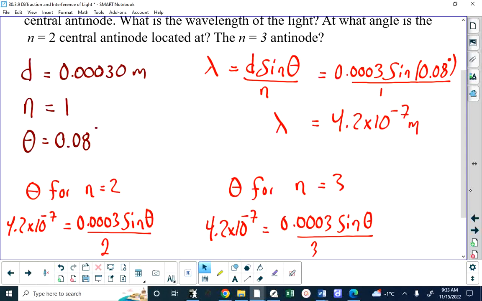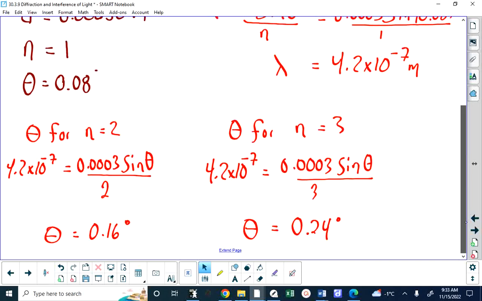You're going to multiply it by the 2. You're going to divide it by the 0.0003 and then go inverse sine. And when you do that, apparently you get 0.16 degrees. And when you do that for n equals 3, you get 0.24 degrees. So are we okay with that example?